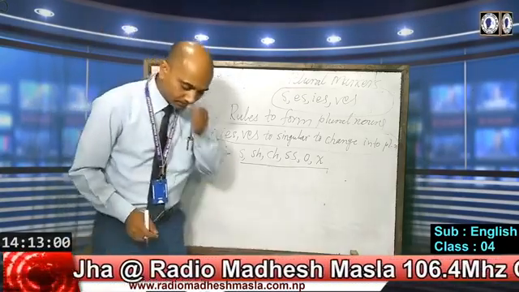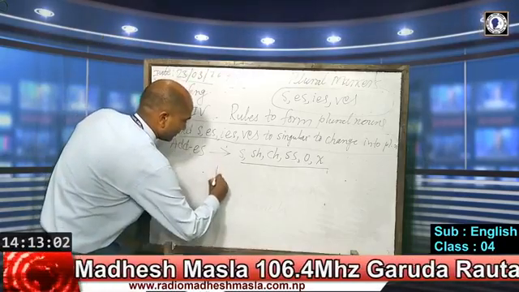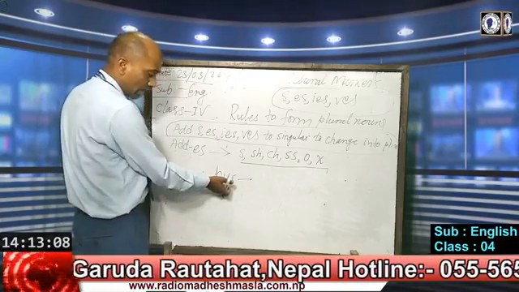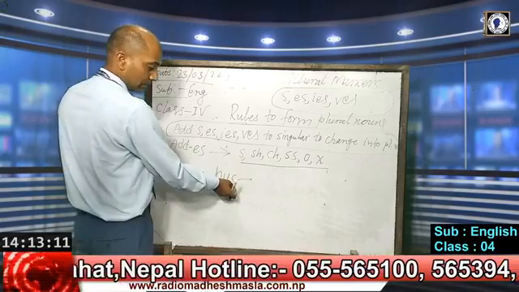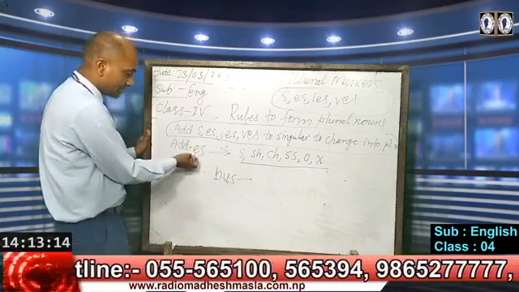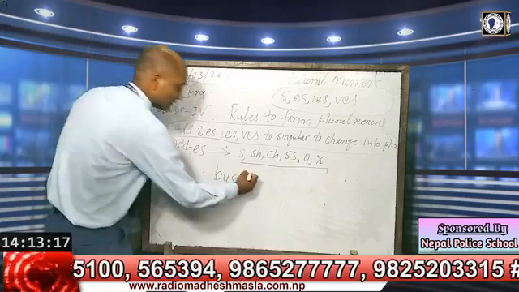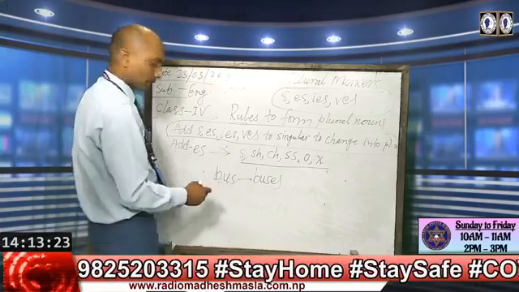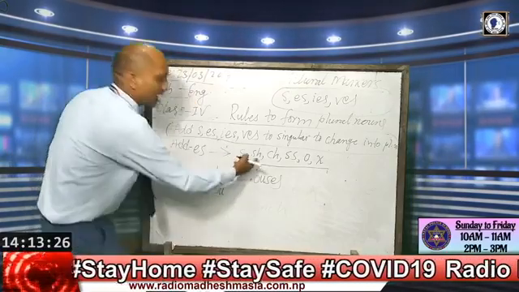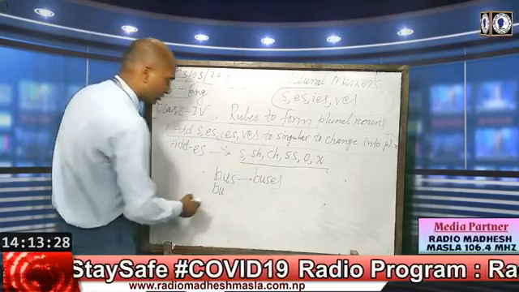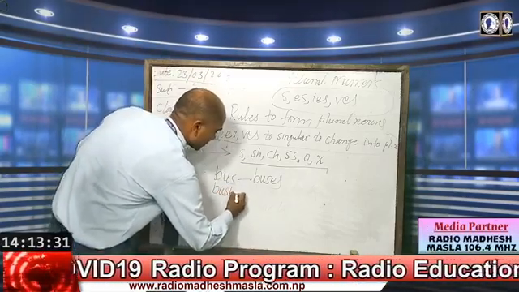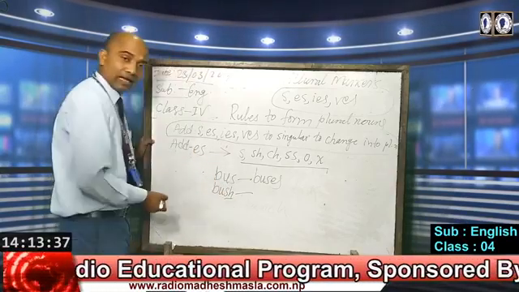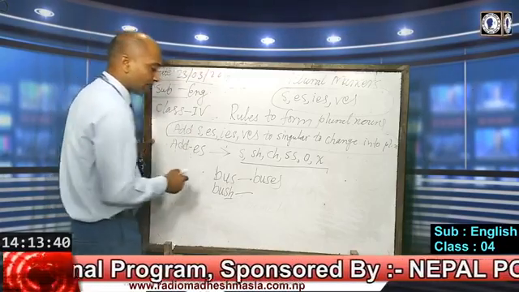For example, bus. Here the noun bus has the s at the end of it, so it takes es. We add the es here. Bus, buses. In the same way, the word having the letters sh at the end takes es, plural marker, to be plural.